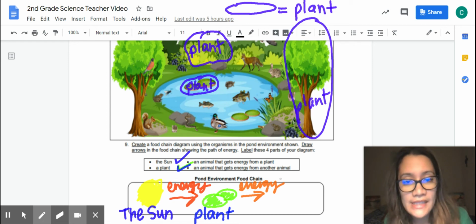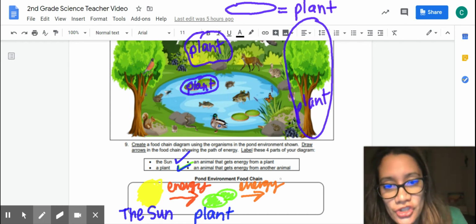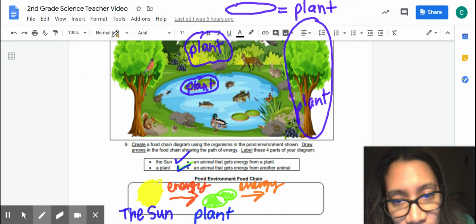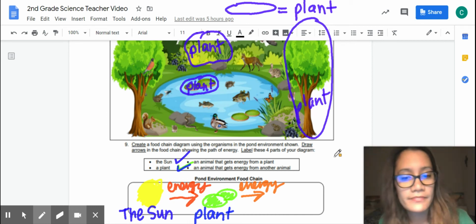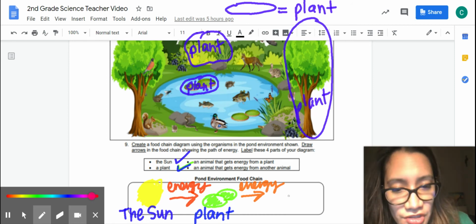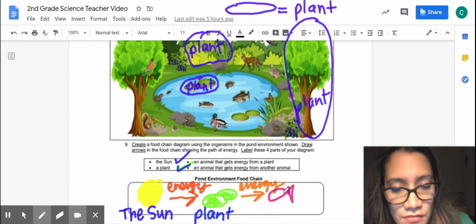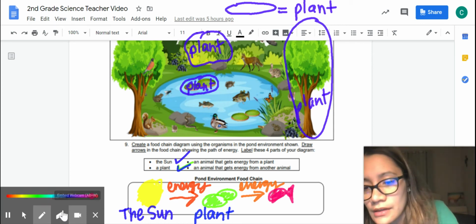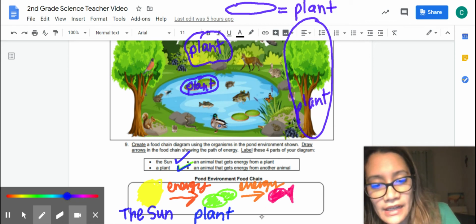So I'm going to say a fish. Or even a turtle. Let's do a fish. I can draw a fish. They don't have a brown, but I'm going to draw it. A pink fish. Pink fish.